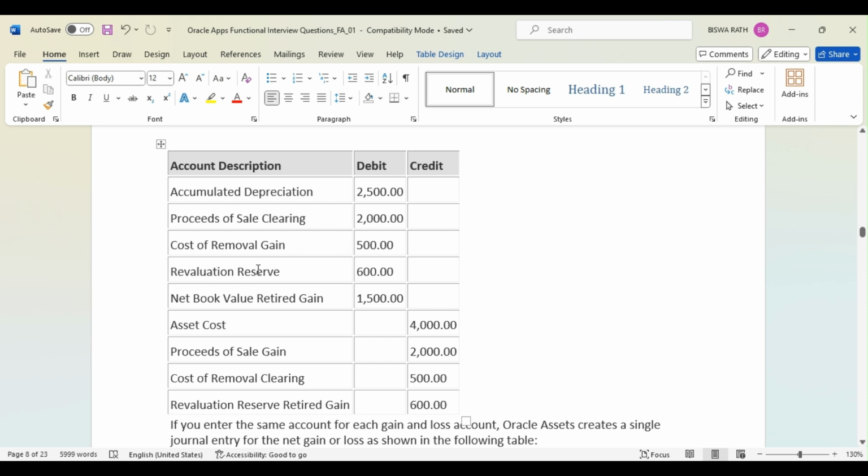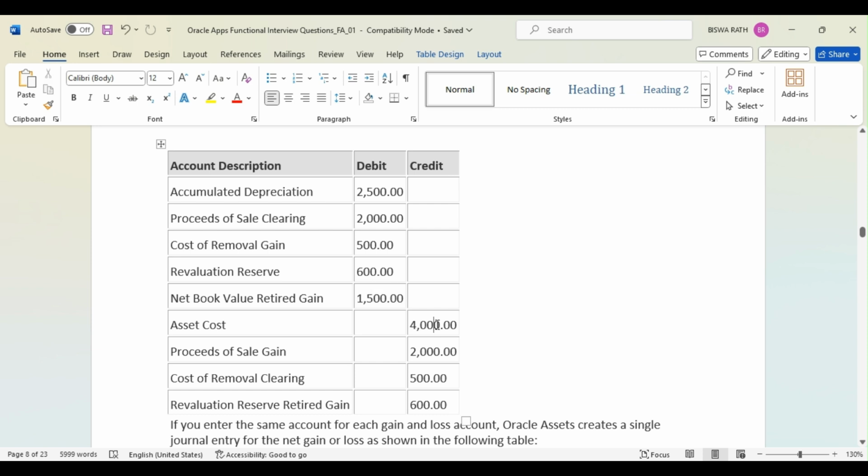What is the revaluation reserve? If it is more of a foreign currency asset, the revaluation reserve comes into the picture. You have 600. And the net book value retired gain is 1500. Okay, out of selling this asset, what is the remaining? 2500 of depreciation has been accumulated so far, so the remaining is your net book value retired gain.